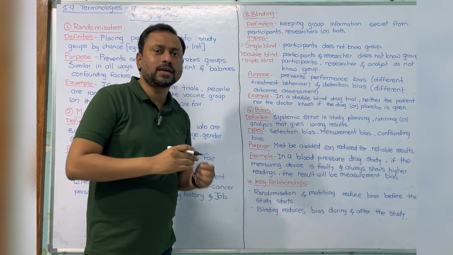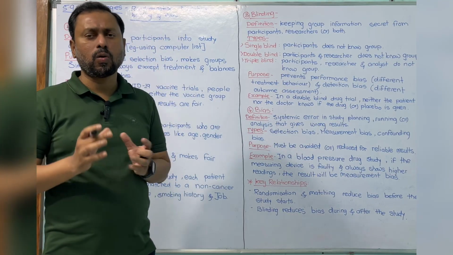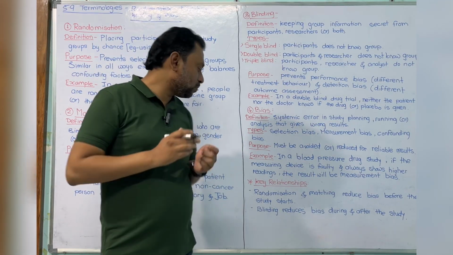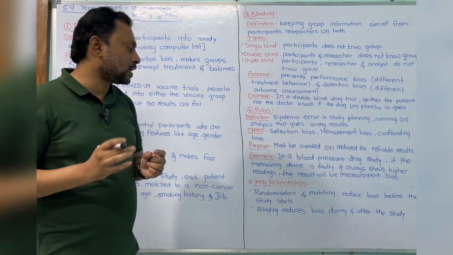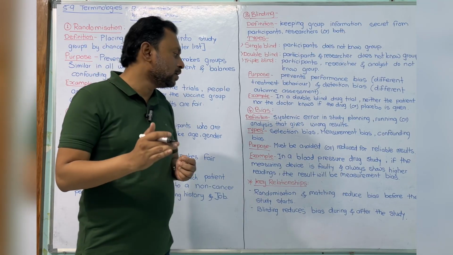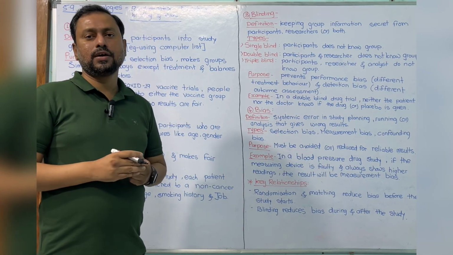Lastly, the key relationship between all the terms. First of all, randomization and matching reduce bias before the study starts.